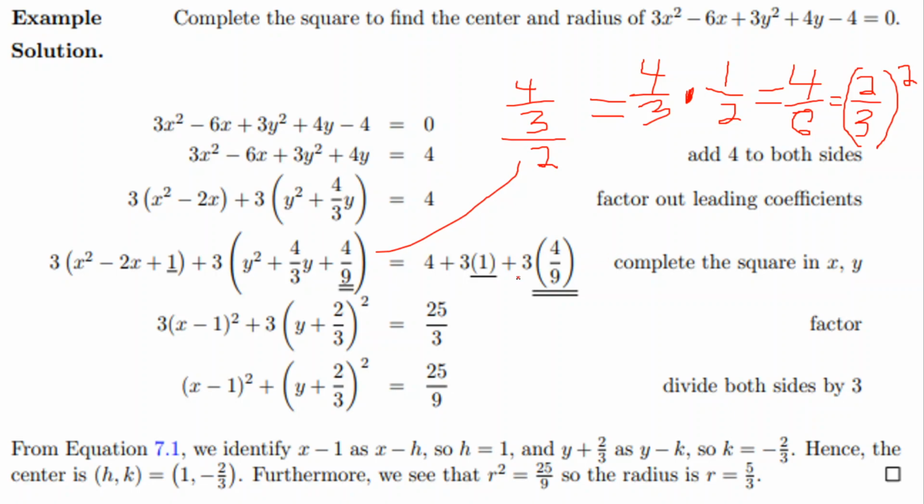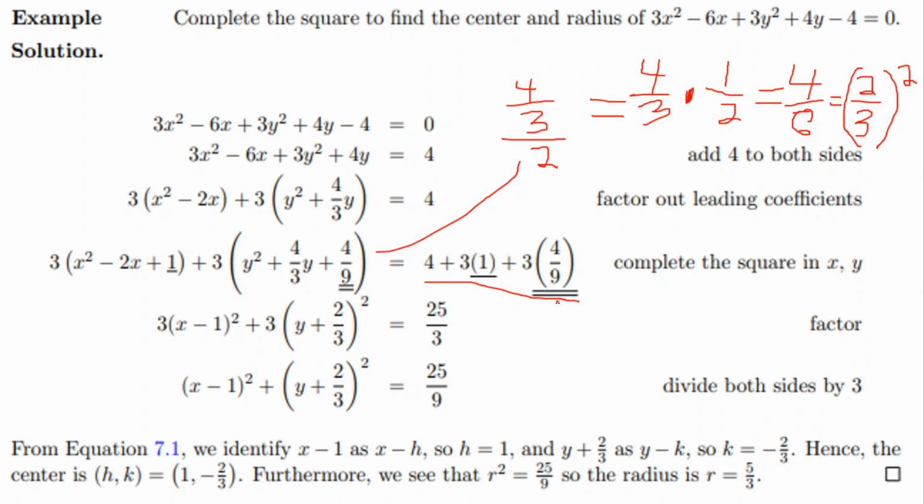Plus 3 times 4 over 9. Next, 3 times x minus 1 squared plus 3 times y plus 2 over 3 squared is equal to 25 over 3. The result of this one.